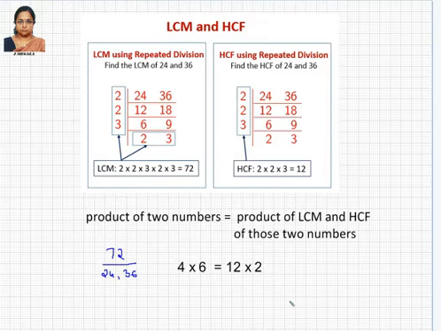And here it is the other way; this is for LCM. When you go for HCF, for 24 and 36 you just have to see whether 24 is divisible by 12 and 36 is also divisible by 12. Otherwise, that's not a common factor.